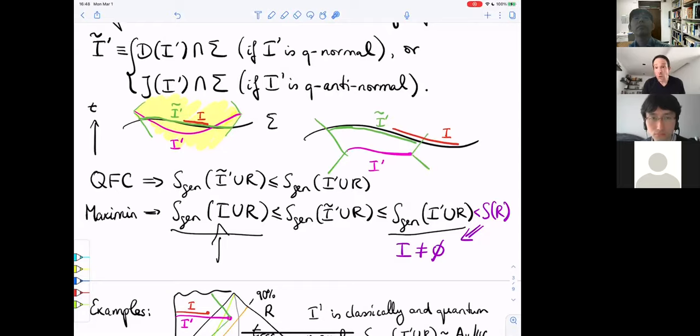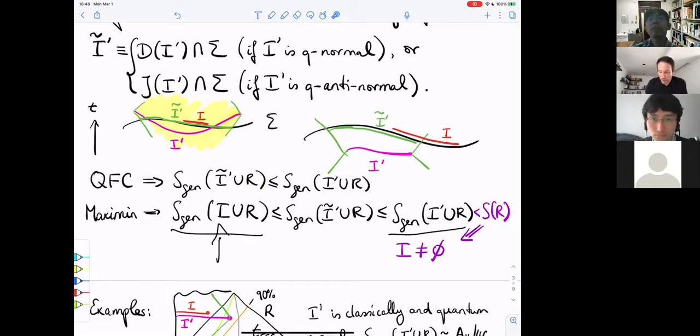But we know that the generalized entropy of I prime union R was less than S of R. If the maximum region, the true island I, was actually empty, in other words, there isn't one, well, then this inequality would lead to a contradiction, right?